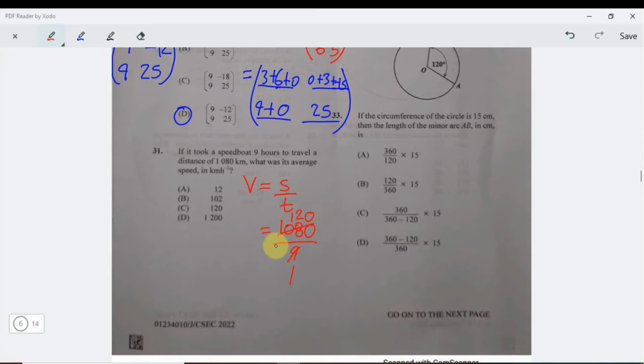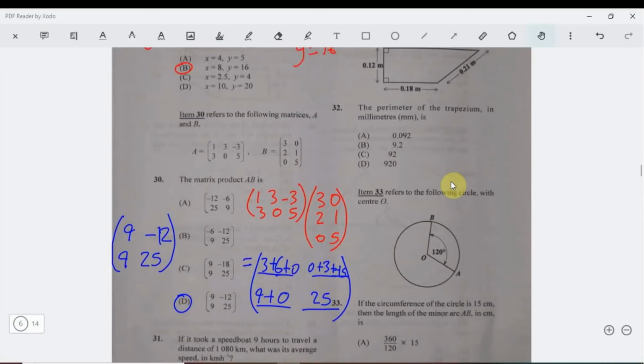And so this is working out to be 120. So 120 is option C. Here it is, option C. That's 120. That's the speed.